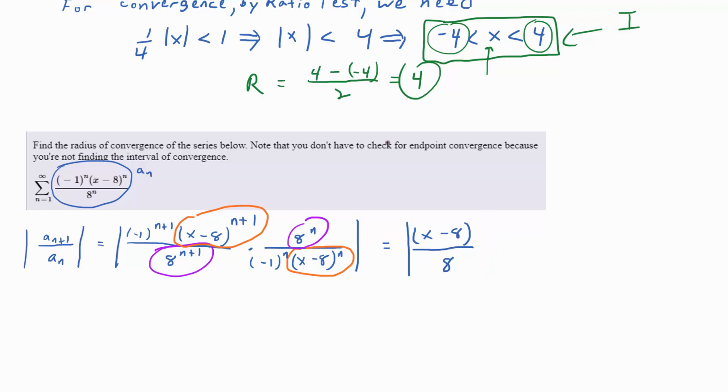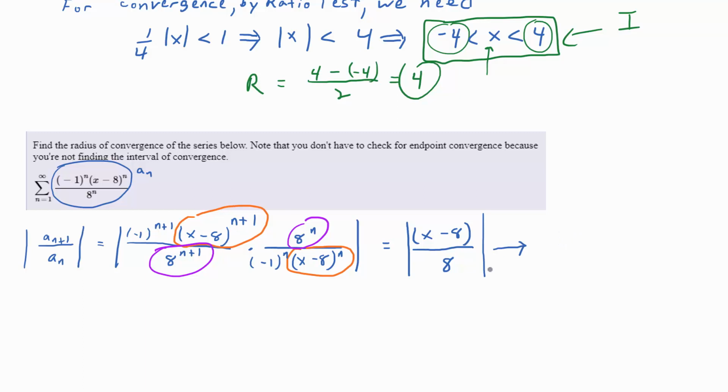Well, yeah, we haven't found the radius yet. Yeah, we got to take the limit of that, but what happened to everything with n in it? Yeah, it all went away. So what's going to be the limit then as n goes to infinity? Just with respect to n, this is a constant, right?